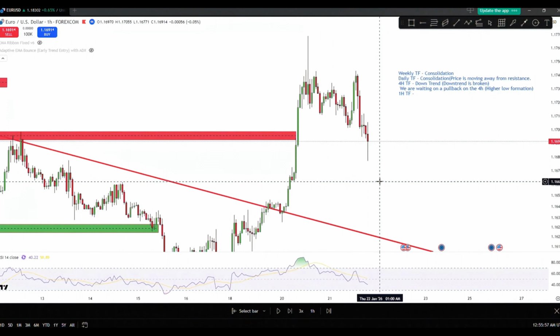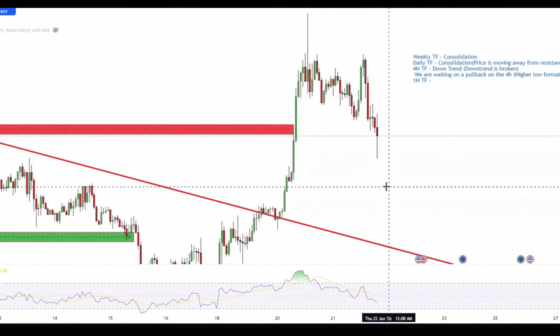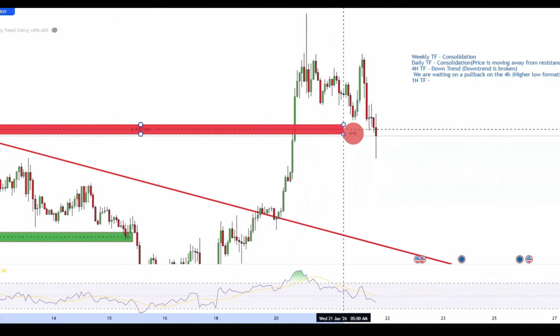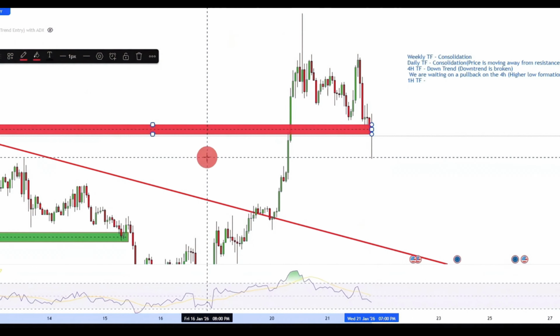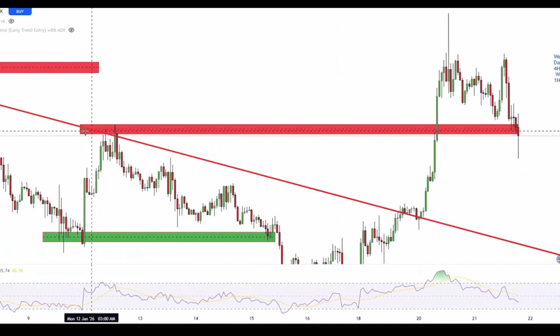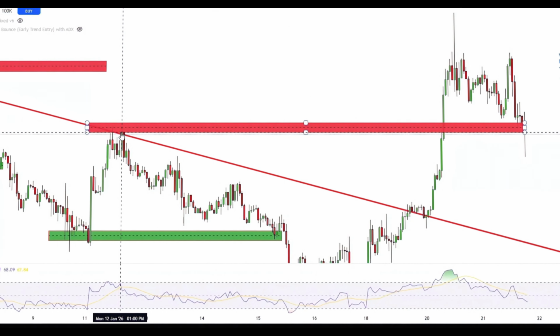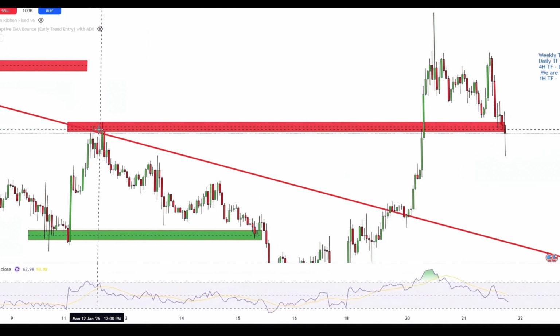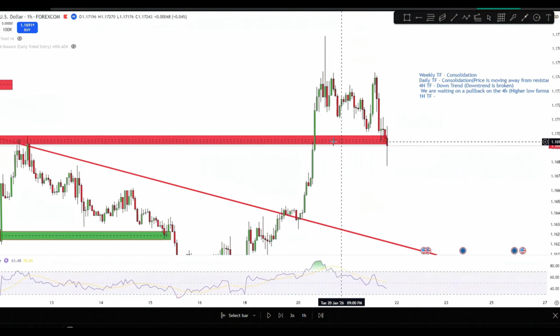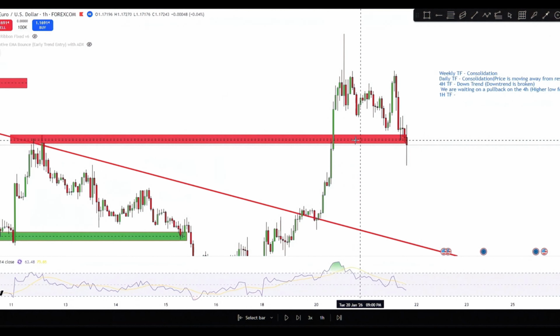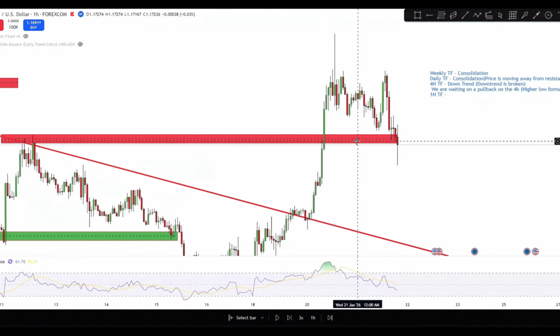This seems like a pretty decent pullback. It is somewhat aligned with our area of what was once resistance over here. It's the level that we broke most recently, the most recent lower high that we broke. This level was once resistance, and what was once resistance, normally price turns that into support.